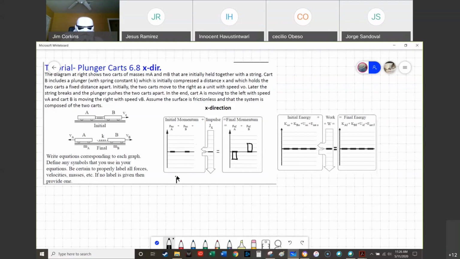Notice that the initial momentum is equal to 0, and that is equal to the final momentum, which is a negative 2 blocks and a positive 2 blocks.